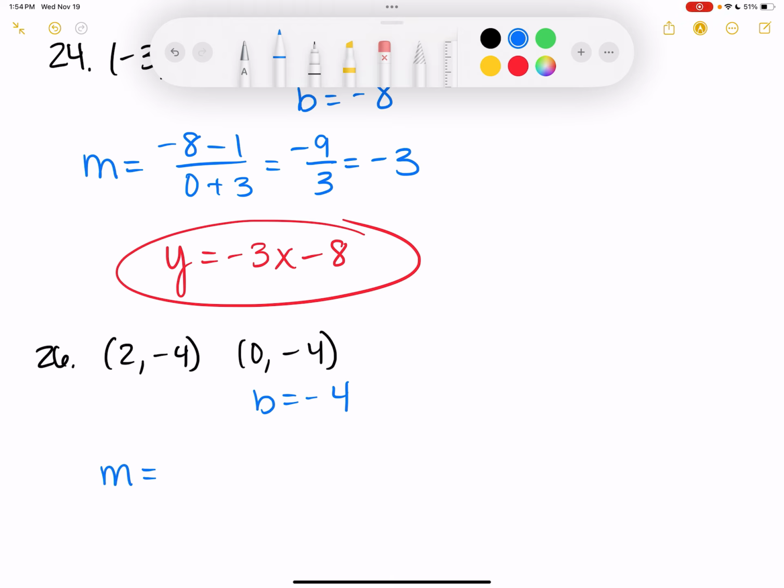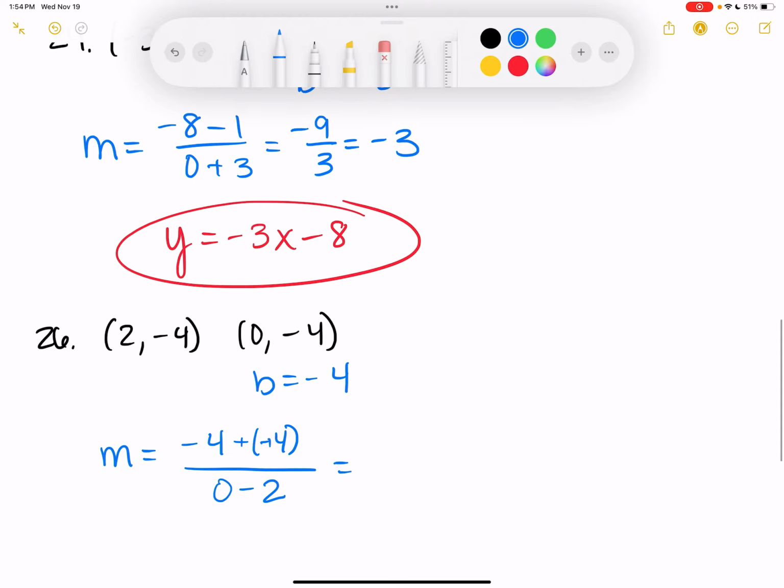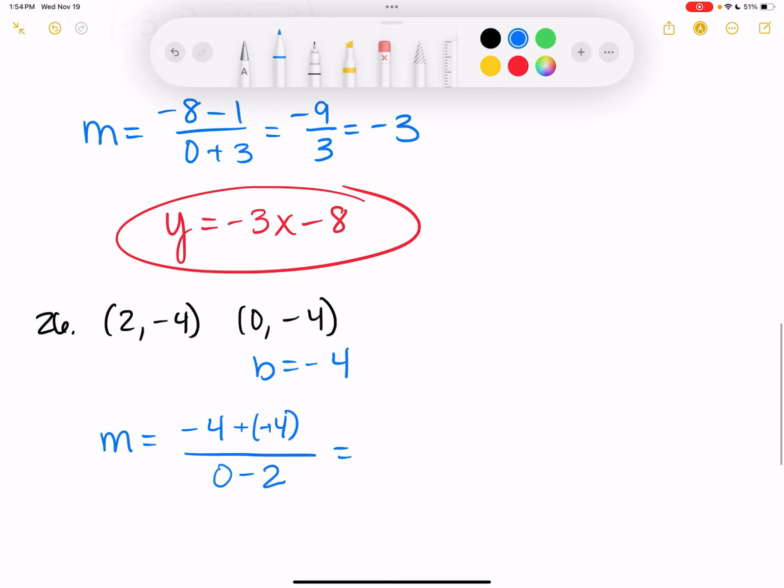So basically, it's going to be -4 minus -4, which is plus a plus, over 0 minus 2. And it's going to be 0 over -2. My bad. 0 over -2 is what? 0.